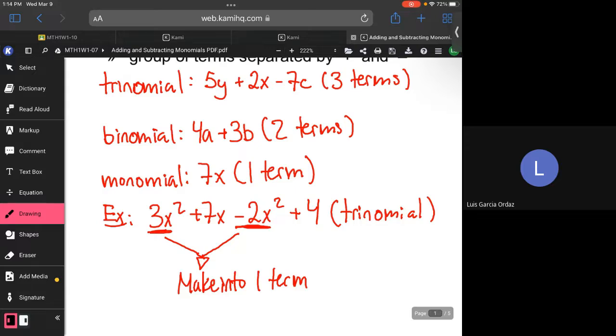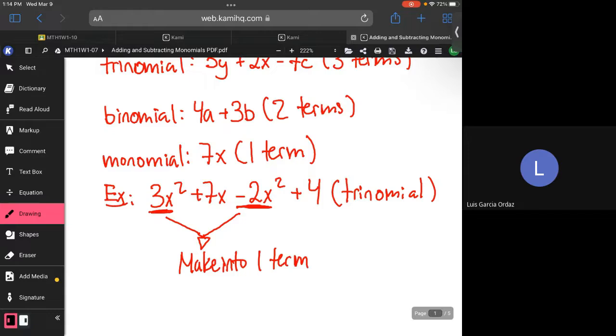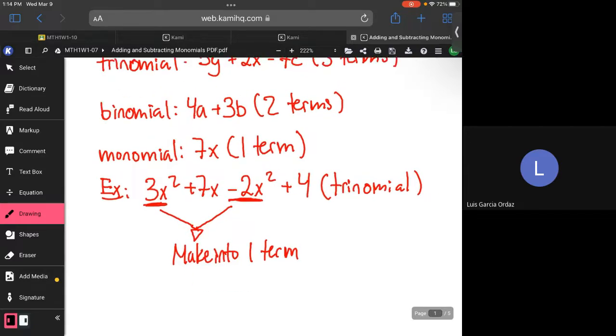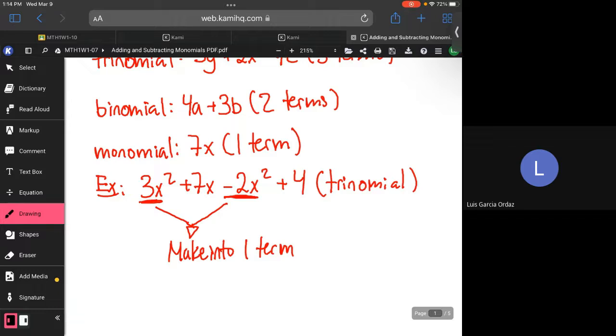This is where we get into the language of something called like terms. 3x squared and negative 2x squared are also called like terms. They're like terms because they are alike and share one characteristic that is the same.